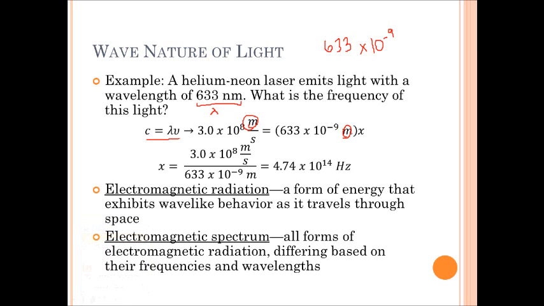So, write that down. 1 nanometer equals 10 to the negative 9th meters. So if we take our nanometers and stick on 10 to the negative 9th, we now are in meters.